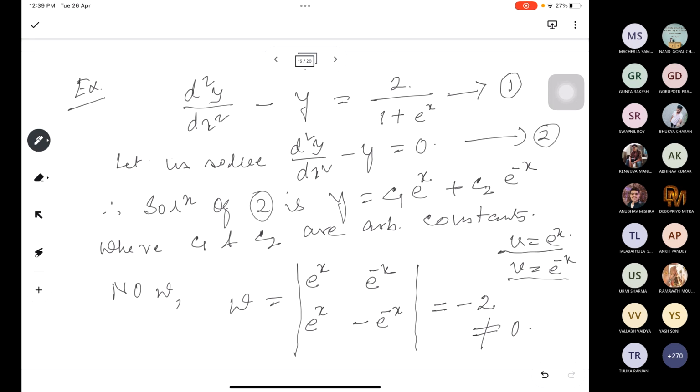And the condition for that is the Wronskian determinant must not be equal to 0. We have written y equal to c1 e power x plus c2 e power minus x.